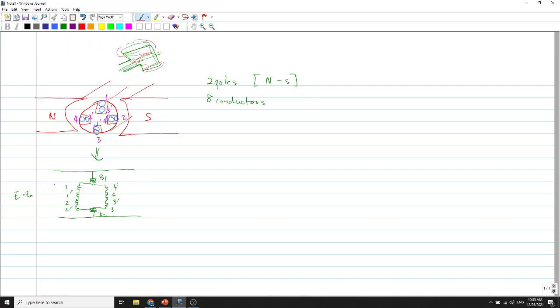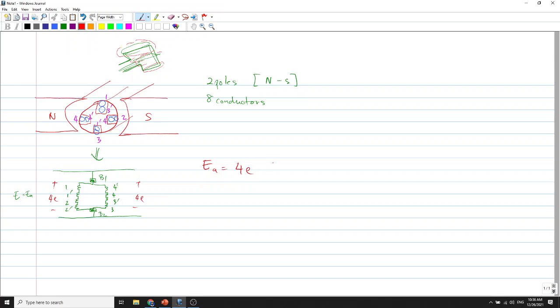So for this conductor, we can say plus minus, and we have 4 conductors, so for E this also becomes 4E. When we summarize, it becomes 8E because it is parallel. So we can say that EA is equal to 4E.